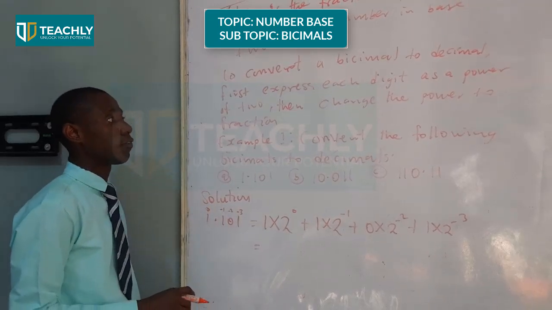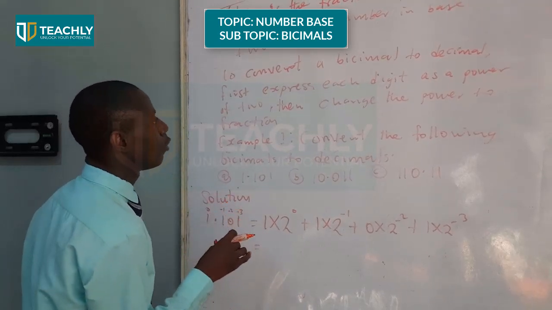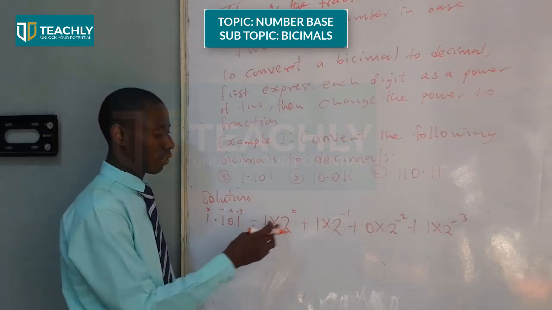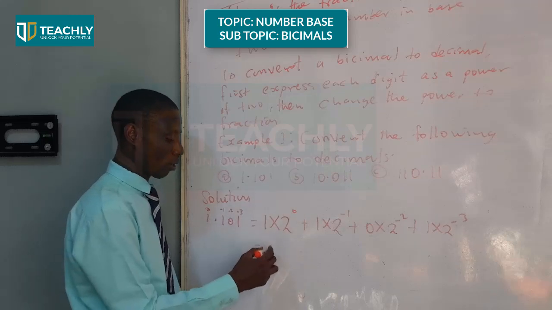Then change each power to a fraction. 1 times 2 to the power 0 is 1.